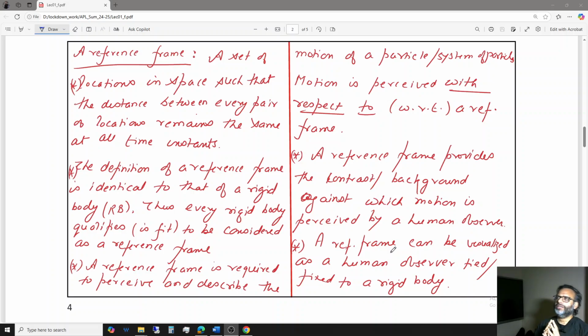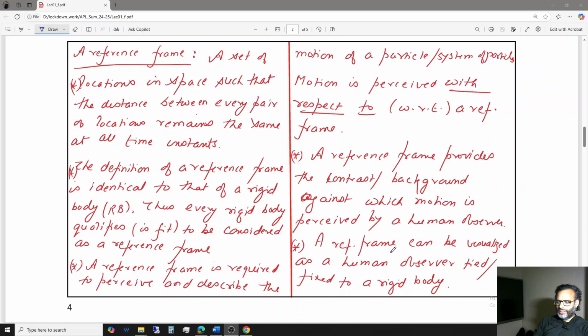Think about it. You are standing in a park and there is a bird flying. Your mind is interpreting the bird to be flying because there is something in the background which doesn't move at all, as you perceive.